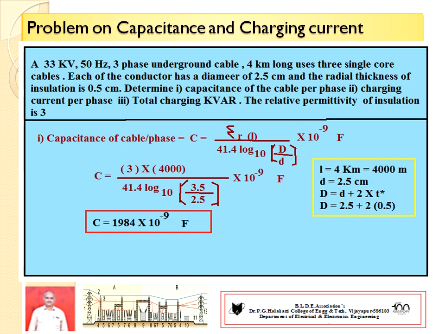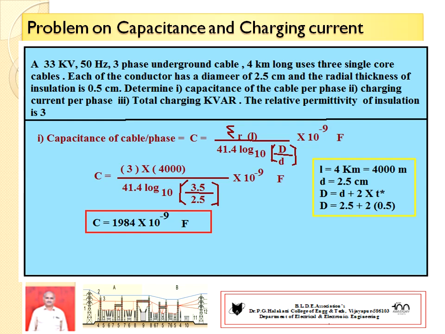Sir, write down the given data, that is length of the line or cable, it should be equal to 4 km, 4000 meters. Diameter of conductor 2.5 centimeter, small d. Capital D, again you have to calculate. Thickness of insulation, it is given 0.5 centimeter.